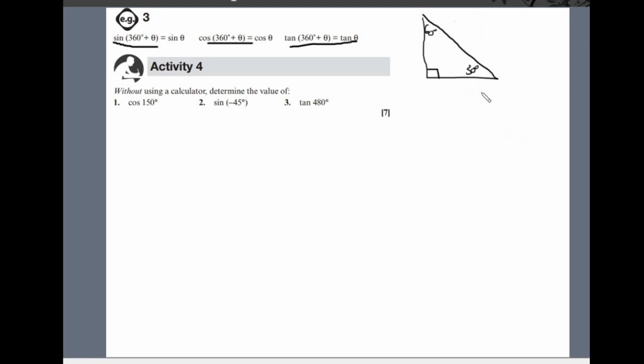Suppose you are in an exam and you don't remember the triangles: if you press sine 30, you will see that sine 30 is equal to 1/2, right? Because you know that sine is equal to opposite over hypotenuse, from SOH CAH TOA.